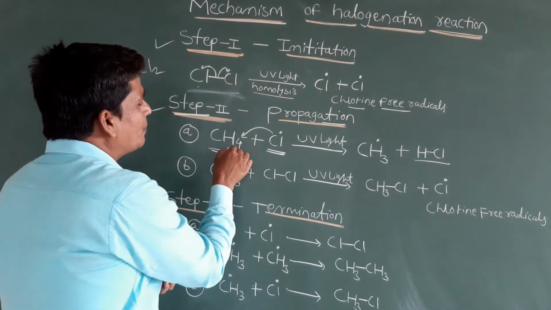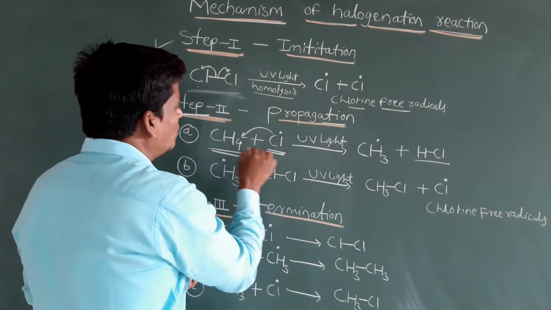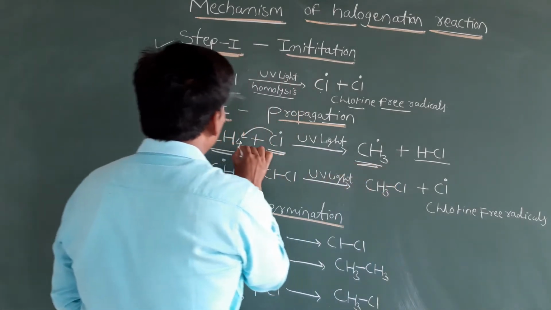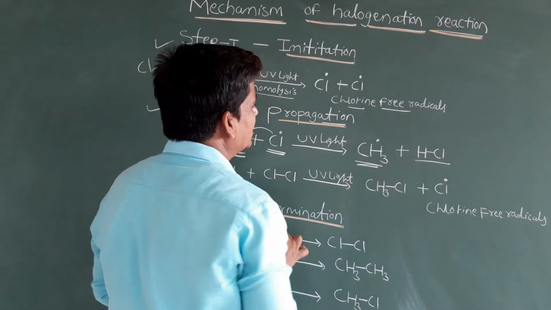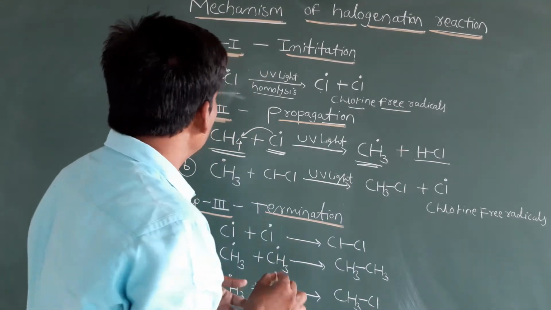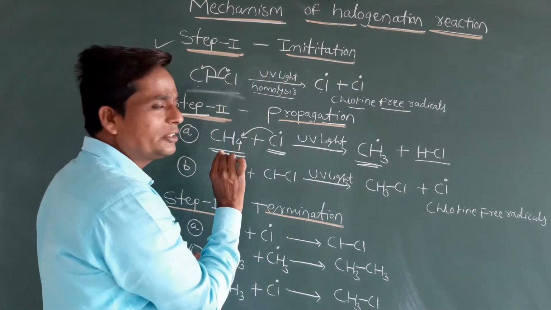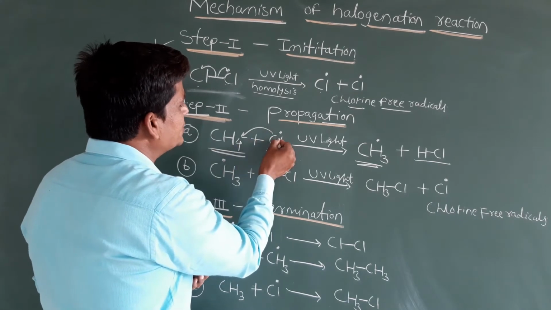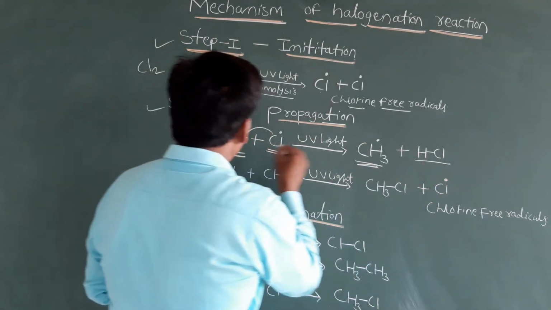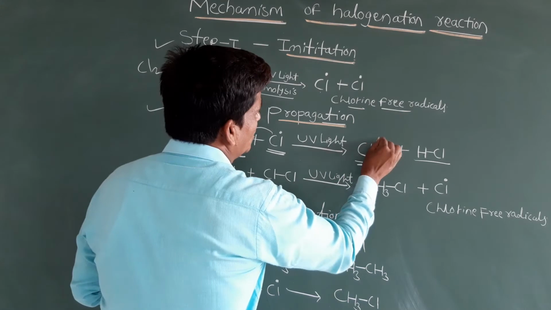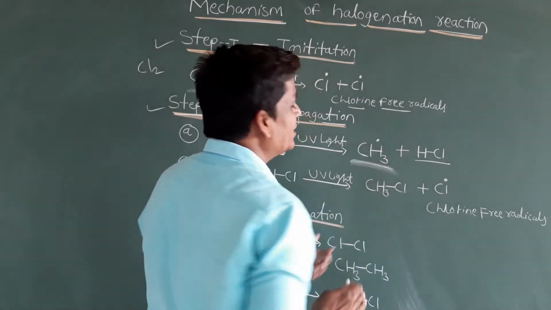When one hydrogen is removed, CH3 is left, and it has a single electron. How? In the covalent bond there are two electrons, so one electron goes toward the Cl and forms the HCl bond, and CH3 keeps a single electron. So again it generates a free radical.